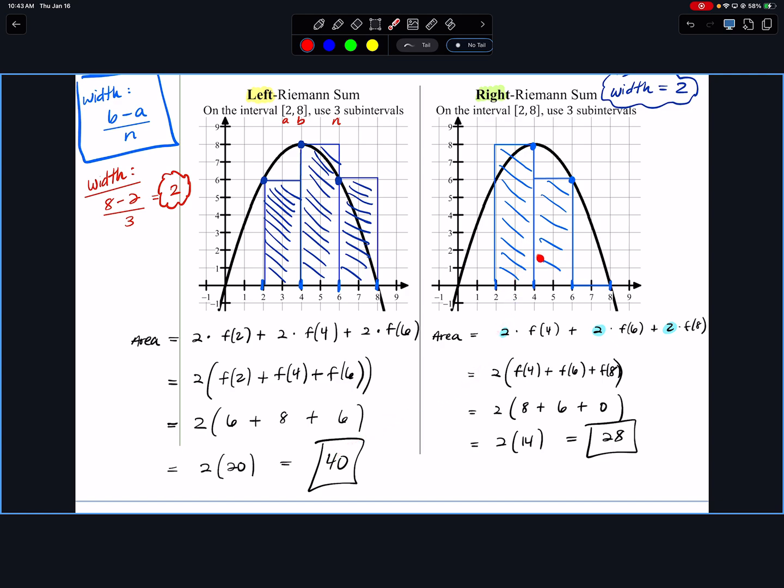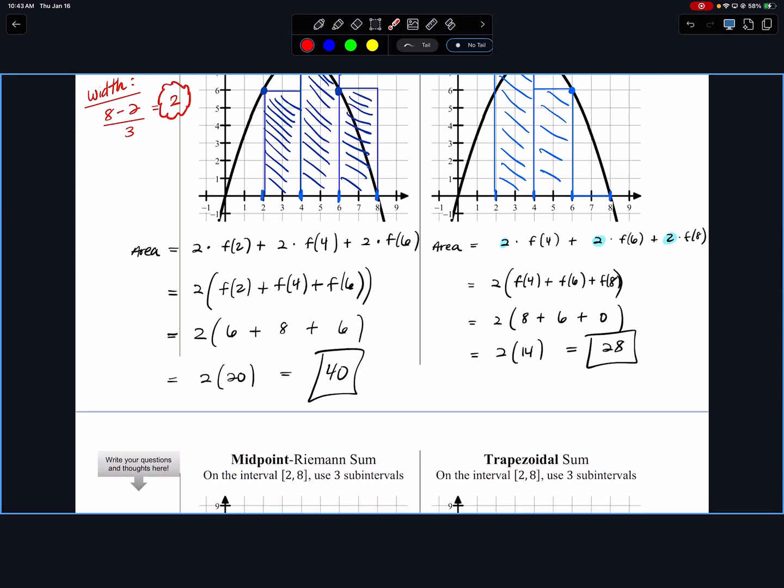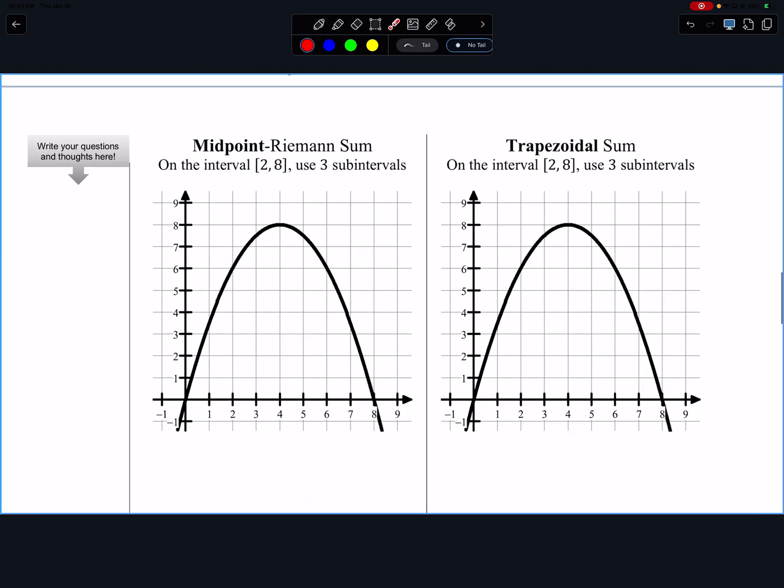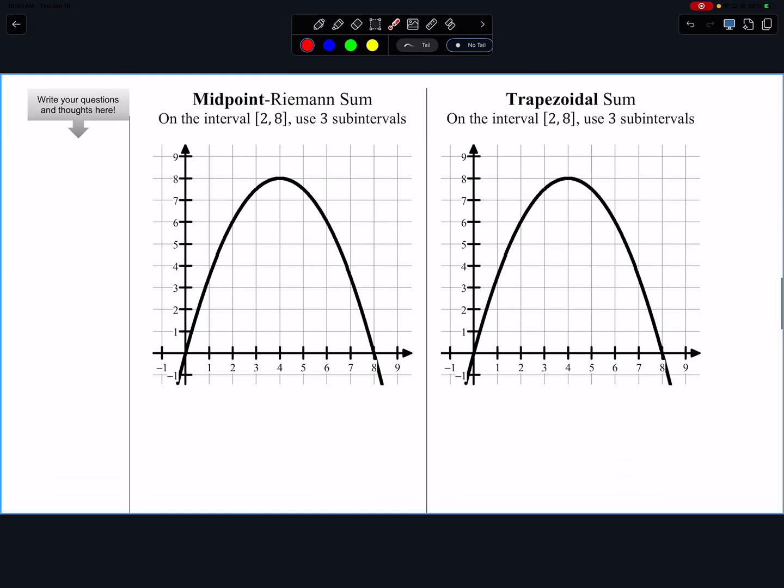Here, it's less. So do you guys see how I didn't include all this area and I didn't include all this area? So this is what we call an underestimate because it's too small. Okay, so the next strategy we're going to use is going to be even better. Okay, midpoint and trapezoids are a little bit confusing, so pay attention.